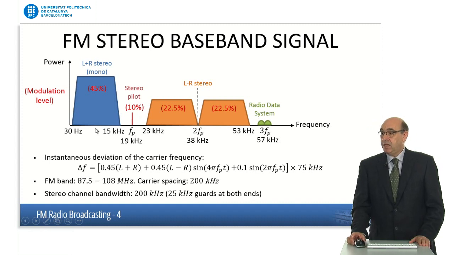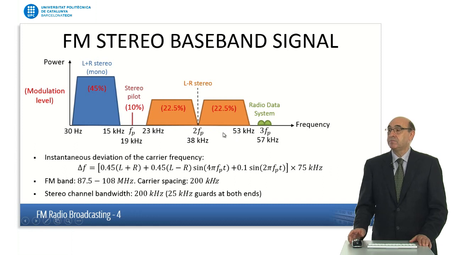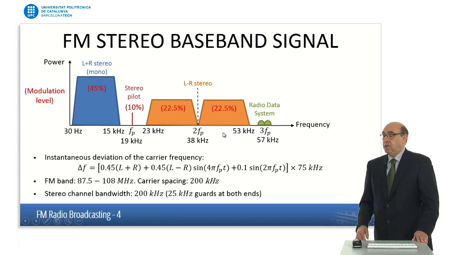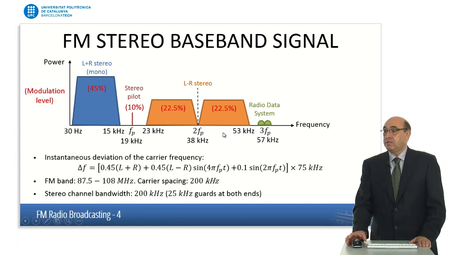And once again, we have 15 kilohertz here. Here you have the 19 kilohertz pilot. And then at 38 kilohertz, you have plus 15, minus 15 for the two sidebands. And now we add more things in an FM radio.